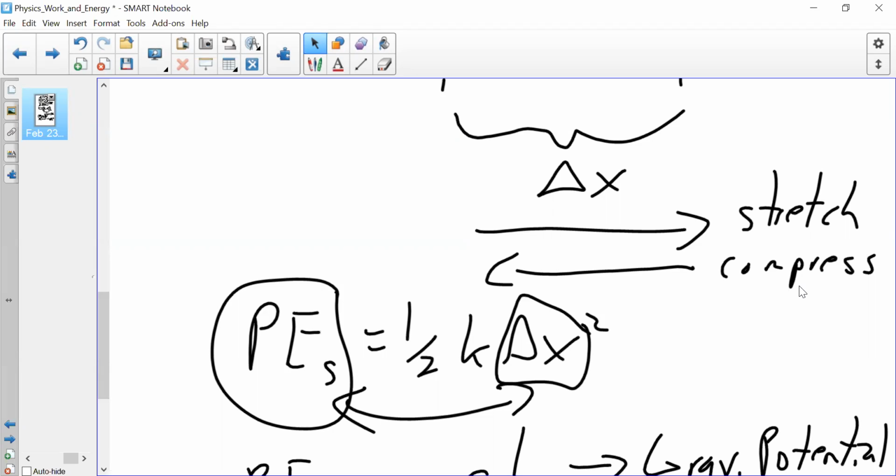Mr. Kelly? That would be on page 254. Page 254 is when they make the quick allusion to spring energy or elastic energy.